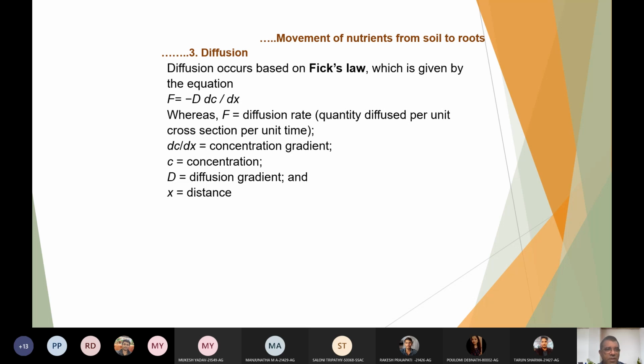So this is the rate of diffusion, and dC by dx is the concentration gradient, C is concentration, D is the diffusion coefficient, and x is distance. So you can see this formula. I do not know much detail of where it can be used, but such things are there, to calculate the rate of diffusion.